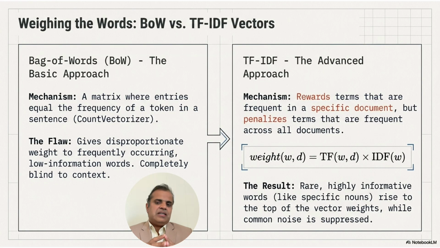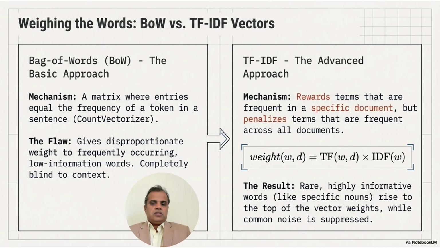How do we represent word importance? The bag of words approach simply counts frequencies. Its flaw is that it gives too much weight to common low information words. So to solve this problem, we use TF-IDF, that is called term frequency inverse document frequency.